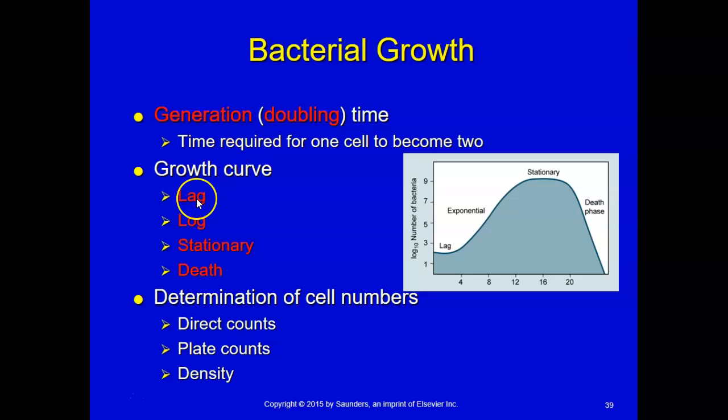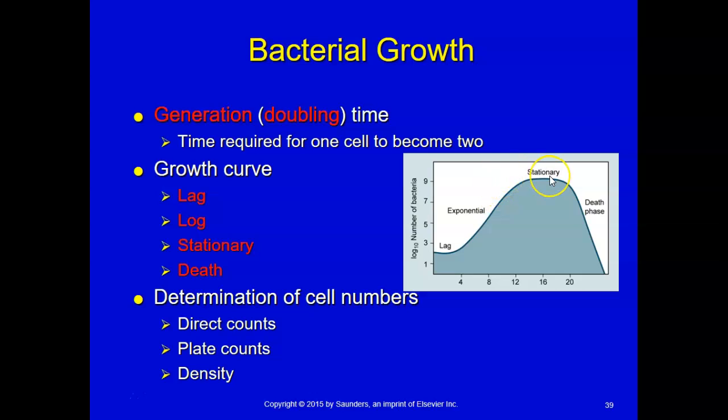During the lag phase, which is the first phase of the graph, bacteria are preparing to divide. In this media or agar, there has to be enough nutrients in the right conditions, the pH, the right gas, the right atmosphere. So bacteria are preparing to divide in the lag phase. During the log phase, bacteria are dividing and numbers are increasing logarithmically.